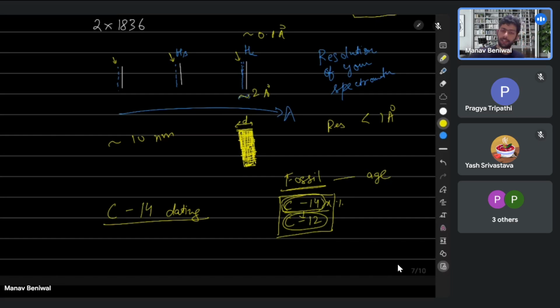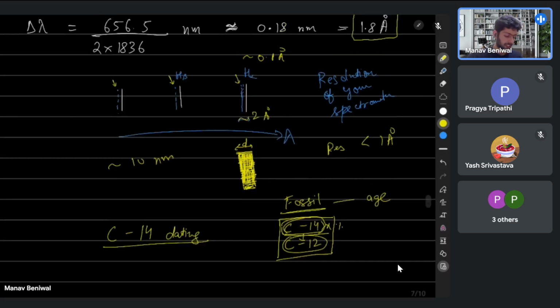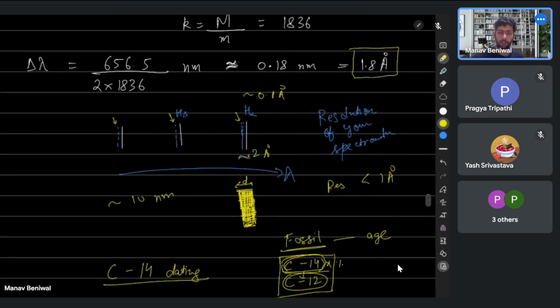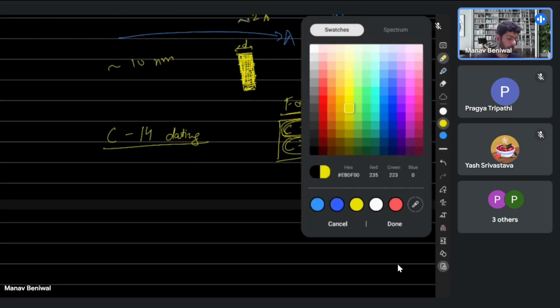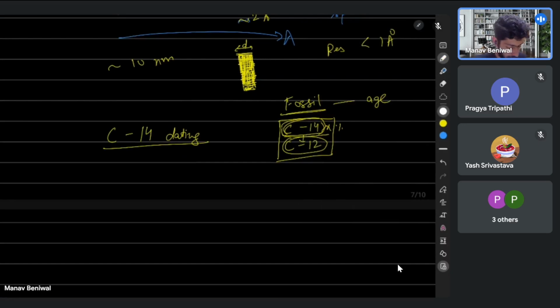Now how do you get this experimentally? Just like we discussed right now, you can measure the intensities of these two different lines, right? If you have a very good spectrometer, it will resolve the carbon 14 and carbon 12.